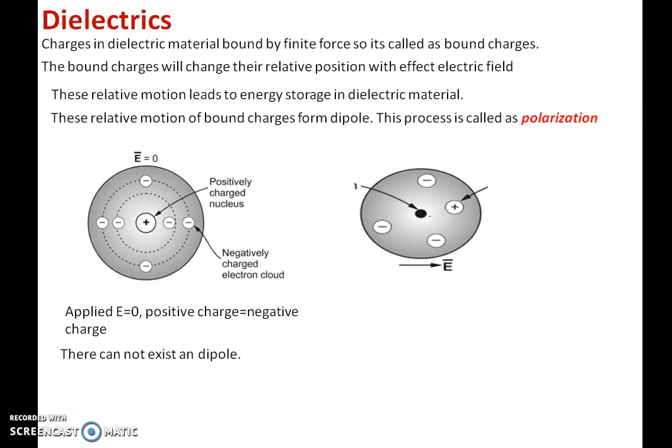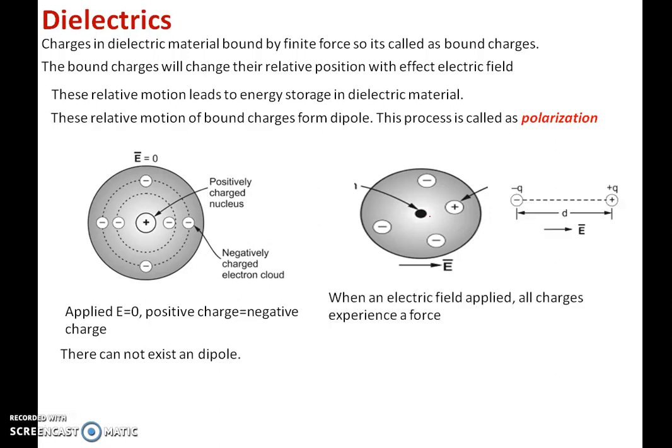If I am applying electric field intensity of E, the force experienced by positive charge Q is Q into E, and the force experienced by negative charge is minus Q into E. Since the forces are in different directions, the positive charge and negative charge will come nearer, so they form a dipole.